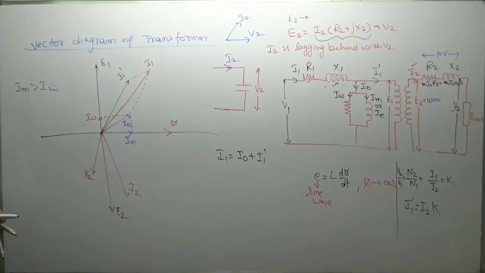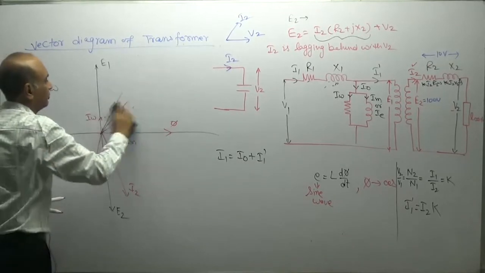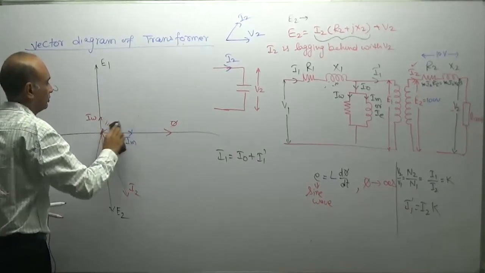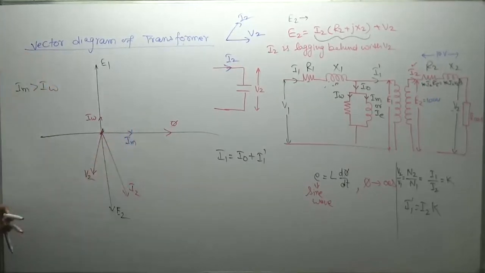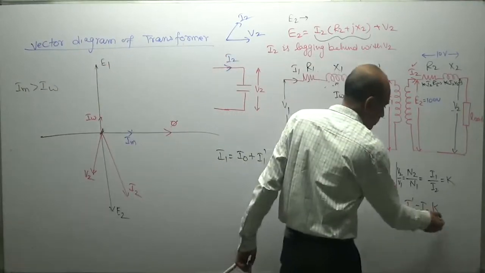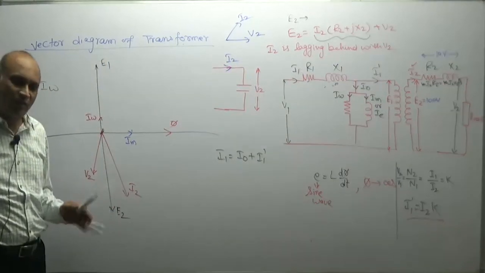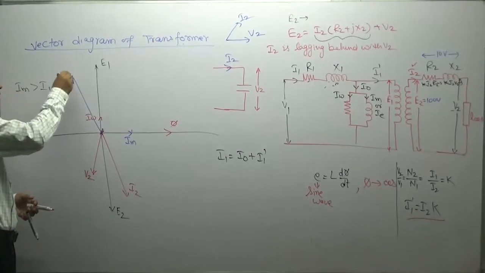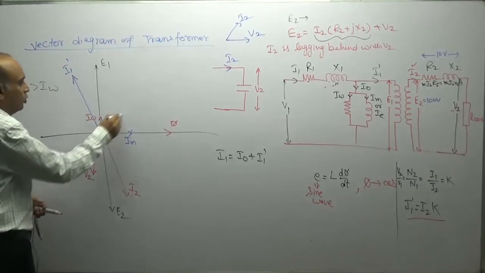Where will be the I1 dash? With this formula, you can understand I1 dash and I2 both have 180-degree phase displacement. So it will be I1 dash. It is again no load current.